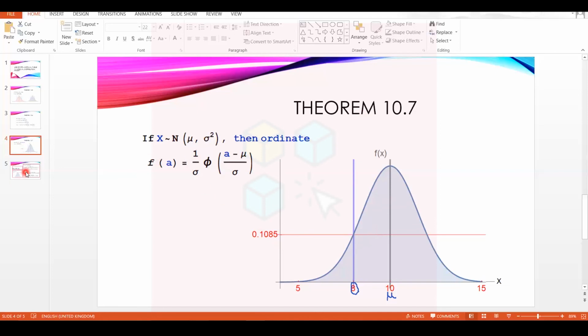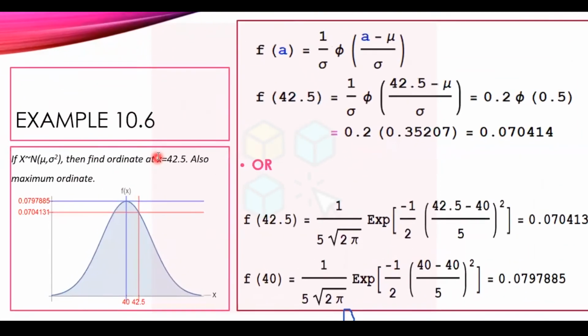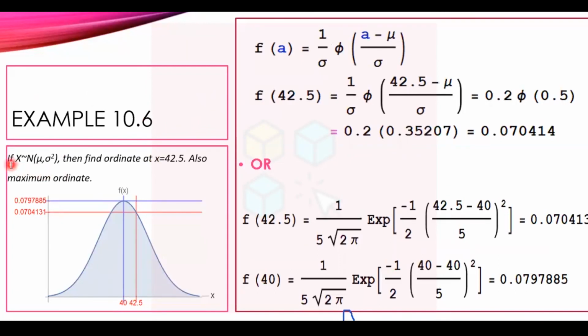Now come to the example, in which it is stated that if x is normally distributed with mean mu and variance sigma square, then find the ordinate at x equal to 42.5, which is any specified value, and also the maximum ordinate, where mu is 40 and sigma is 5.